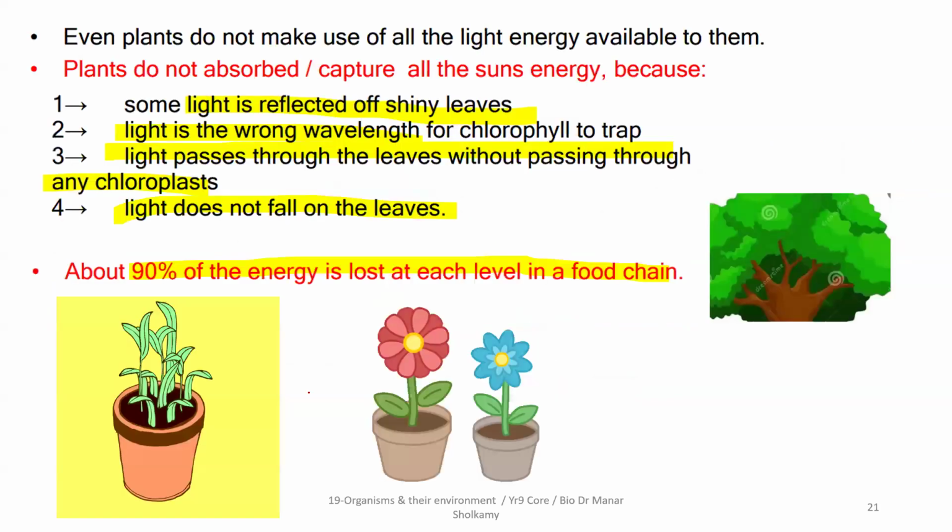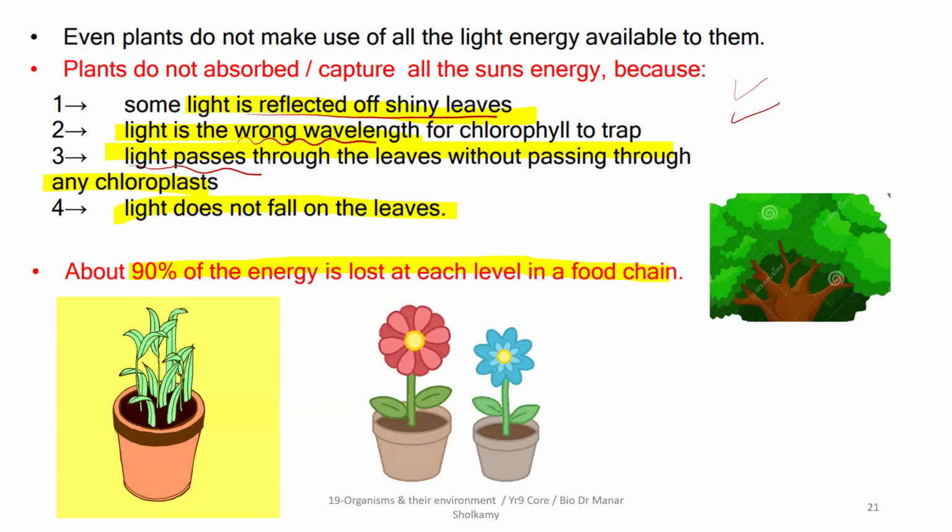Even plants, not all the sun energy is absorbed by the plants. Some of the light is reflected from the leaves. Sometimes the light that falls on the plant is not the correct wavelength, so the plant will not be able to absorb it. Sometimes the light will not pass through any chloroplasts. Sometimes the light does not even fall on the leaf.